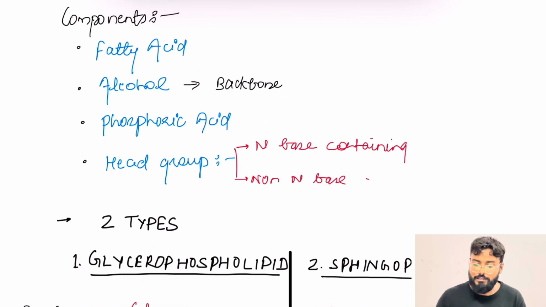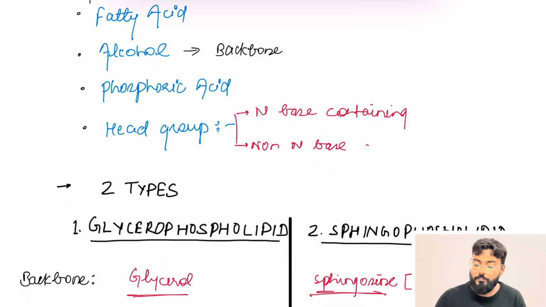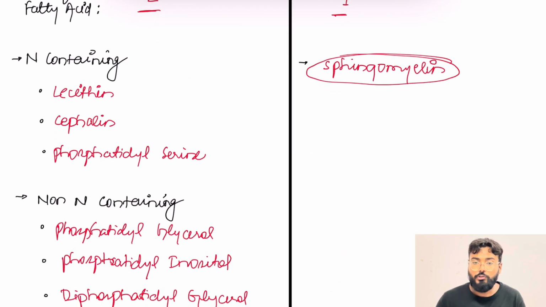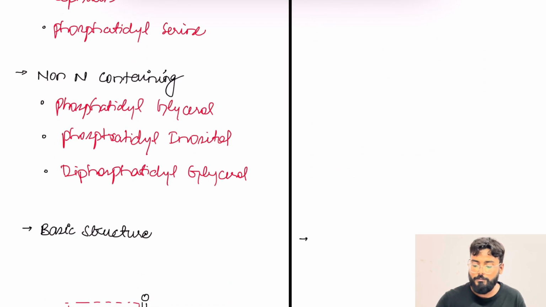So this is the basic about phospholipid. You see what the components are: your fatty acid, alcohol, phosphoric acid, and the head group. Based on head groups we saw the examples, and the main example that you need to remember in case of sphingolipid is sphingomyelin. The backbone is glycerol in glycerophospholipid and sphingosine in sphingophospholipid, and the number of fatty acids is 2 and 1 respectively.